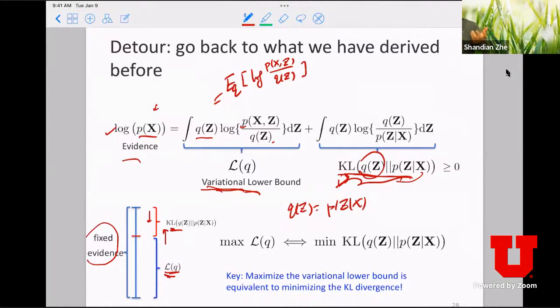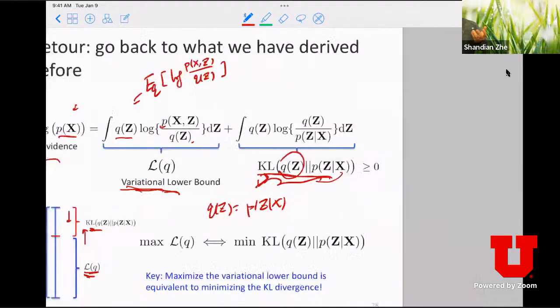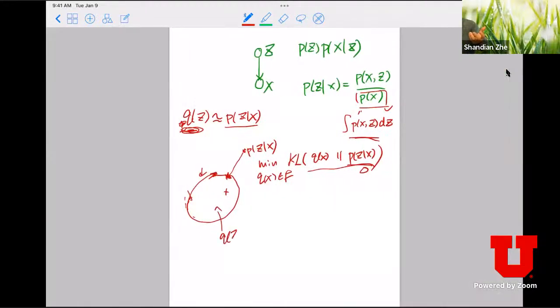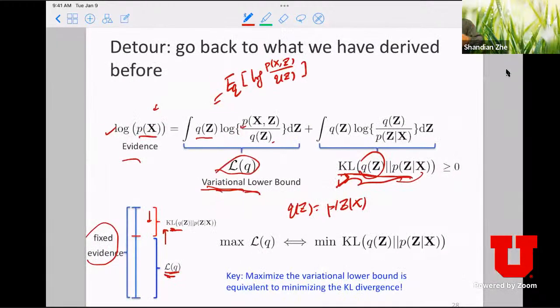In practice, it turns out that the larger the family of Q(z) you choose, the more difficult it is to maximize this evidence lower bound. And in an extreme case, if you don't put any constraint, in other words, you assume Q(z) belongs to the whole family of possible distributions, although in theory you can reach the true posterior, in practice you will never be able to compute that or arrive at that.